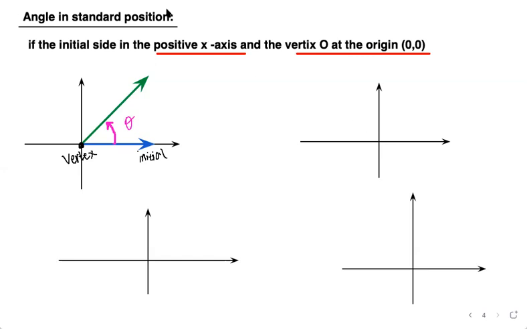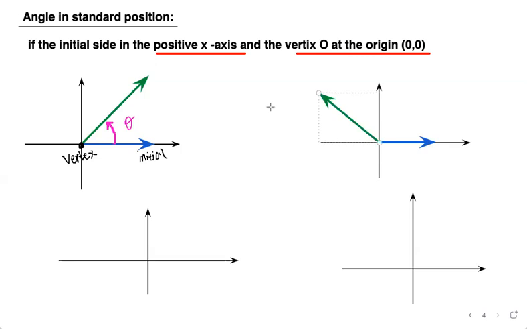Now for the second example of the standard position, always the initial side is on the positive x-axis like this, and my terminal side in this example will be in the second quadrant, so it will be like this.